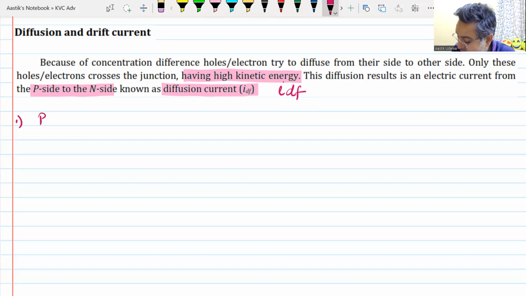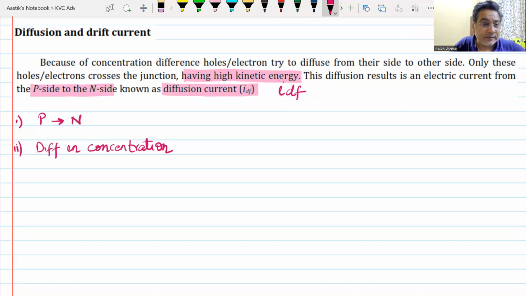Number 1, it is from p to n. Number 2, it is because of difference in concentration. These are the two things that you must remember about diffusion current. This can very well appear as a question in your exam.